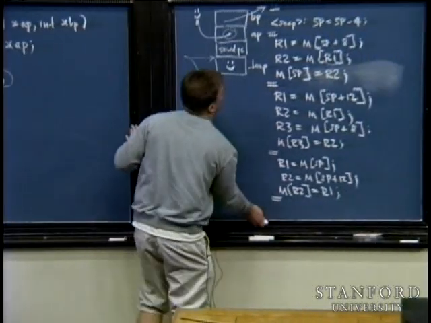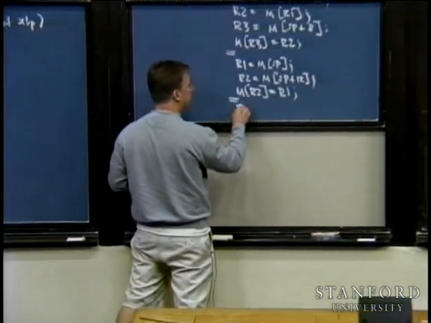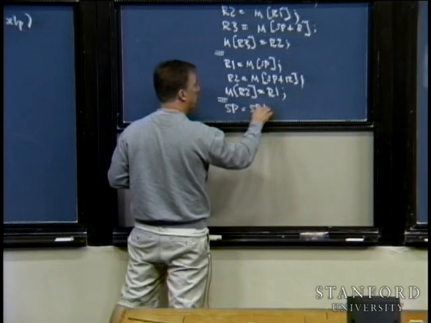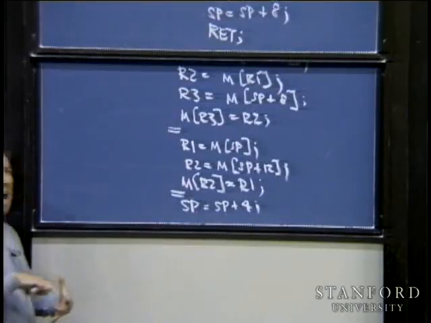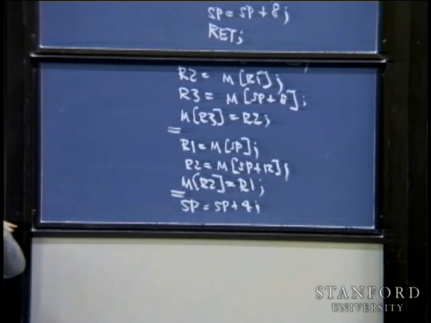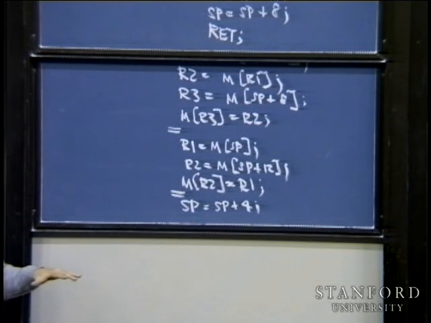Right before I finish up here, I have to do SP is equal to SP plus 4. Internally, I have to bring the stack pointer up to the place where it was before I executed any code for this function.